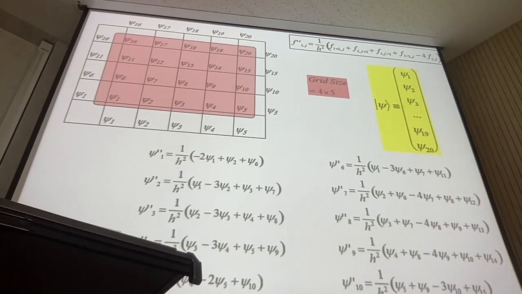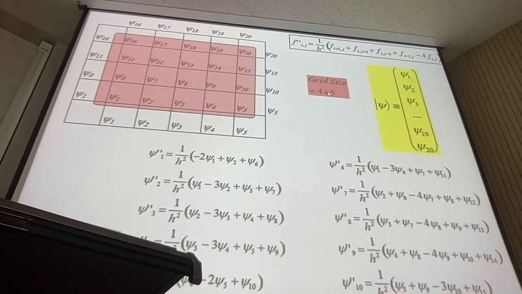And these are the examples, taking 5 data points along the x-axis and 4 data points along the y-axis. So we have psi 1 from here to here, and we assign psi 6 over here to 10, and 15 from 16 to 12.